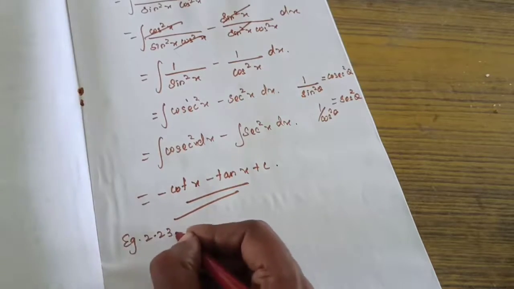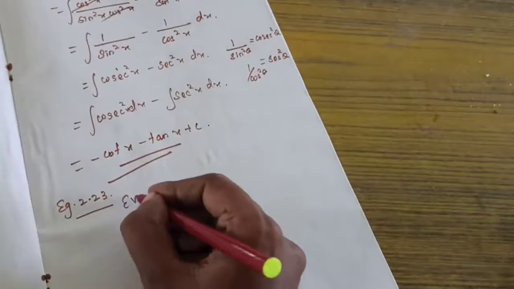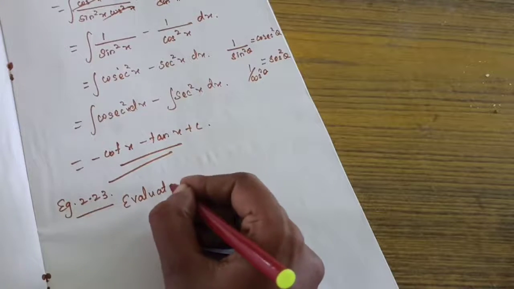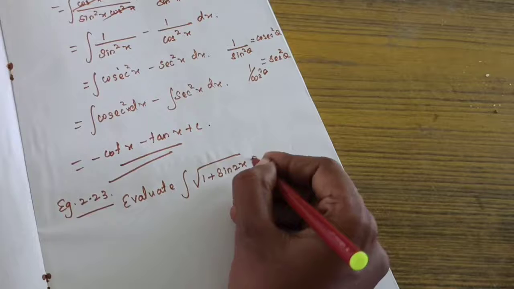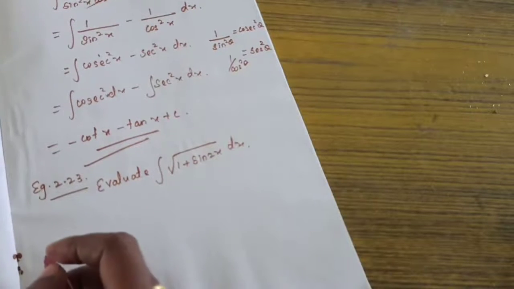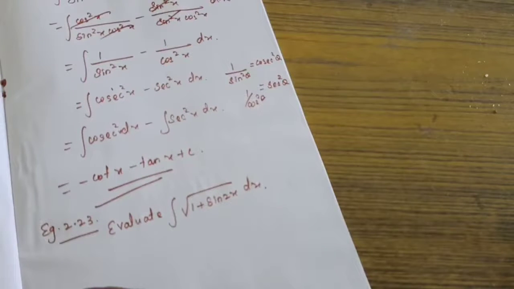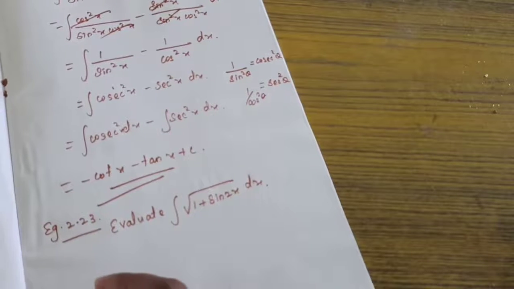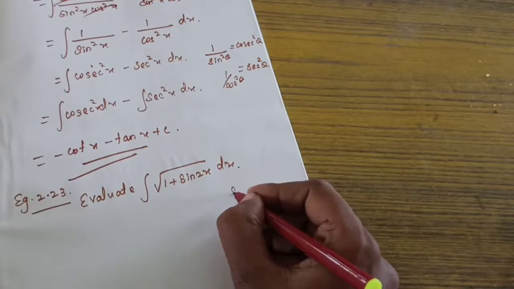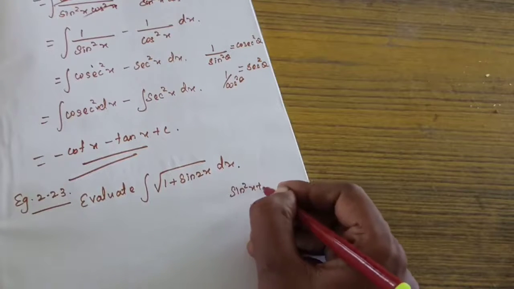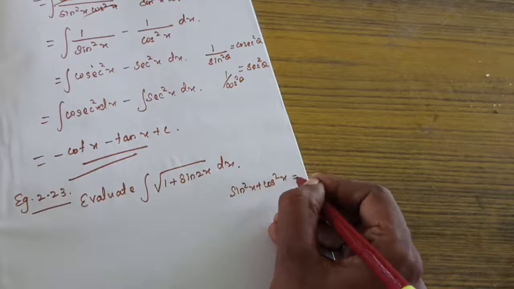Example 2.23. Evaluate integration of square root of 1 plus sin 2x dx. Now, so integration of square root of 1 plus sin 2x, is it right? So here we are going to use another formula. You know the rule, sin square x plus cos square x, what's the value? Equal to 1.